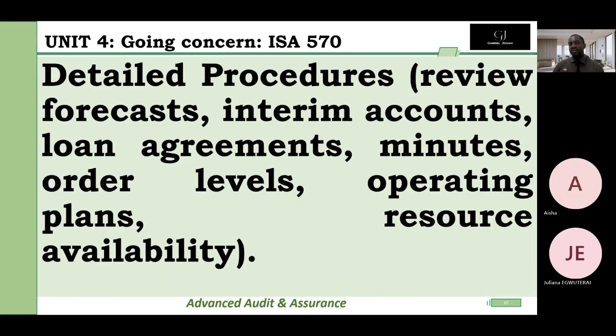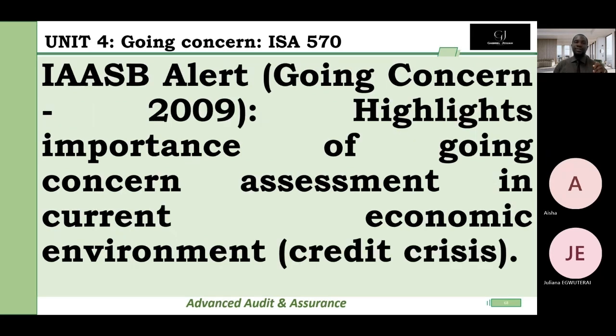Perform detailed procedures, look at their forecasts, test them, interim accounts, loan agreements, look at their minutes that speak to addressing the going concern issues, other levels, operational matters, and resource availability. We need to perform detailed procedures to have this level of comfort that something is being done about this.